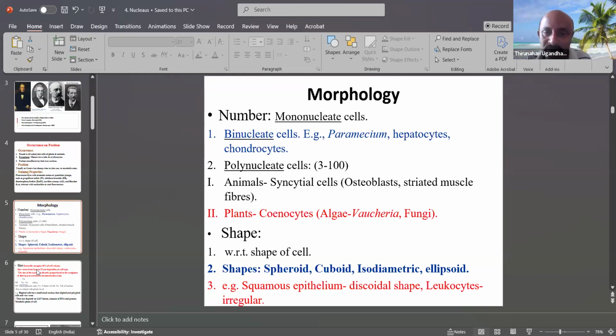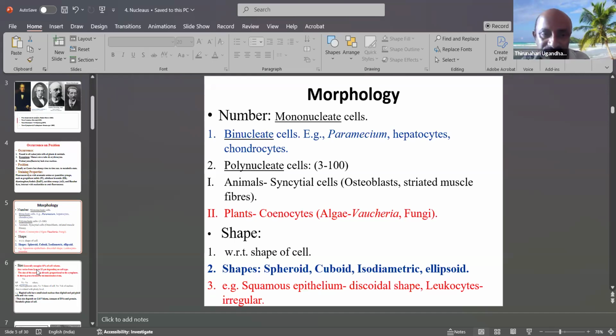Then binucleated cells, for example Paramecium, which has two types of nuclei, macronucleus and micronucleus. Then hepatocytes, also chondrocytes, which have two types of nuclei, small nuclei (micro) and big nuclei (macro).